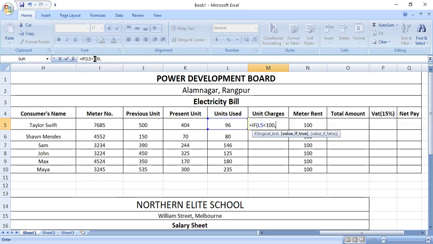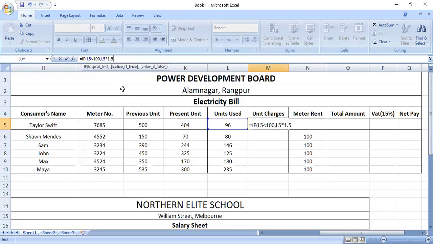So if L5, which is units used, is less than 100, then what will we be charging? L5 will be charged, let's say 1.5.